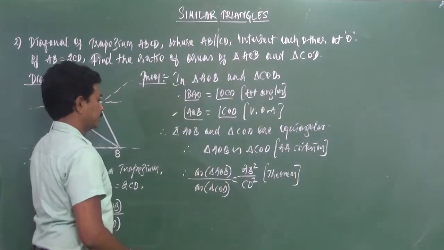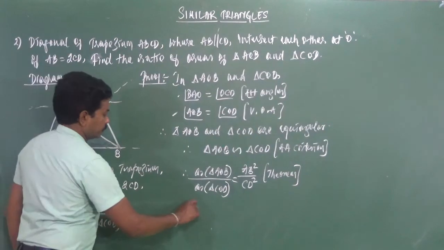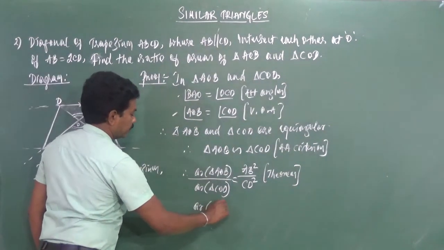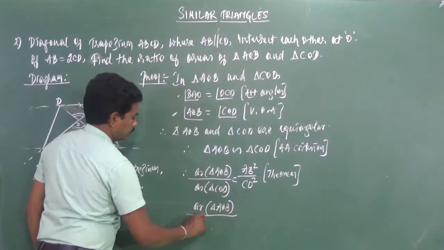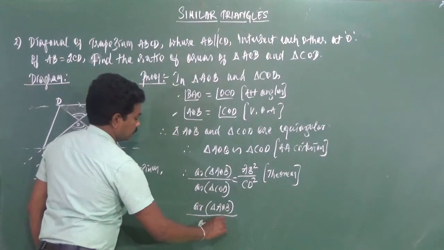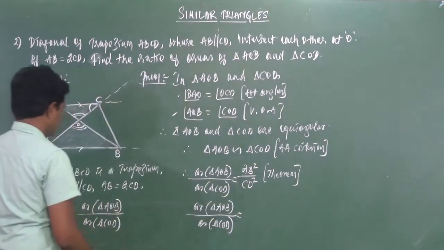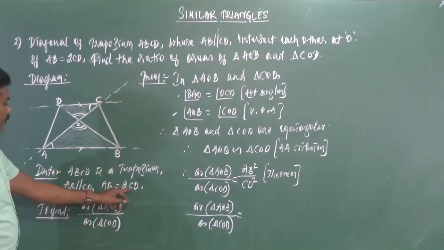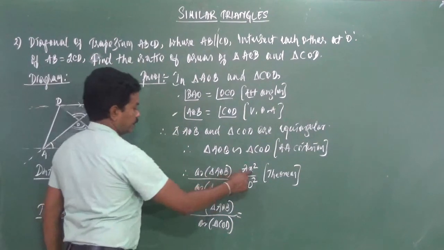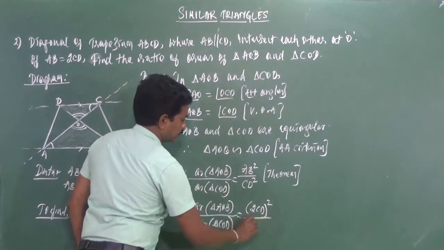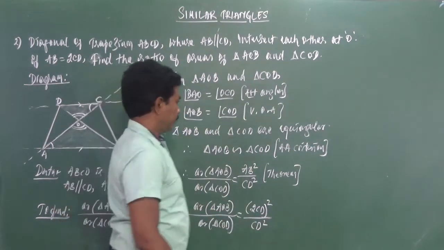We know that AB is twice CD, so instead of AB we substitute 2CD whole square by CD square.